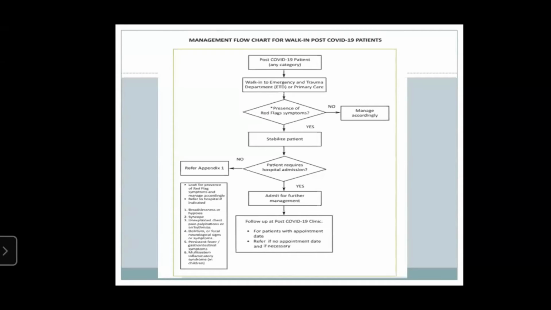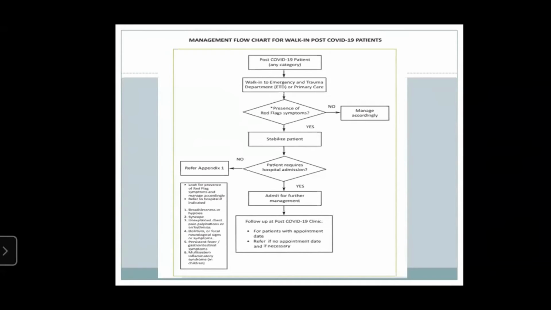As I mentioned previously, there are 5 red flag symptoms. If yes, we have to stabilize those symptoms first. However, if there are no red flag symptoms, we may manage accordingly and the patient can be discharged.